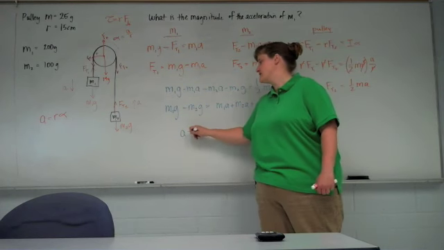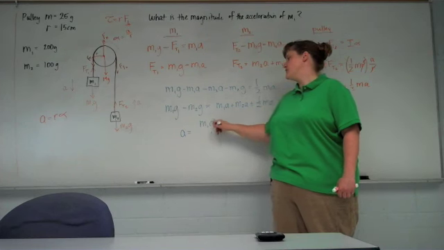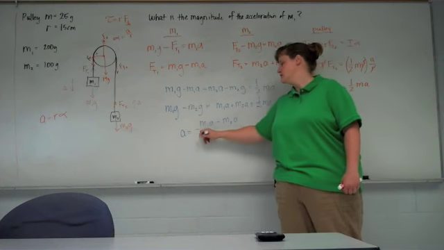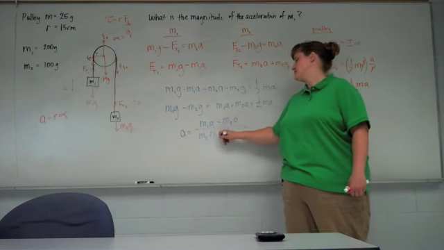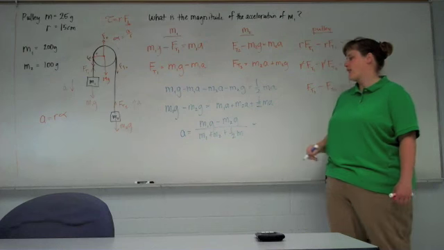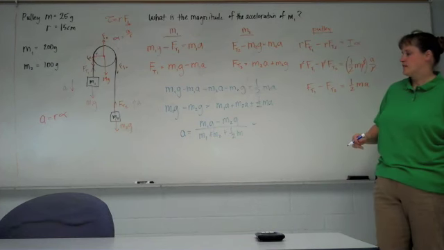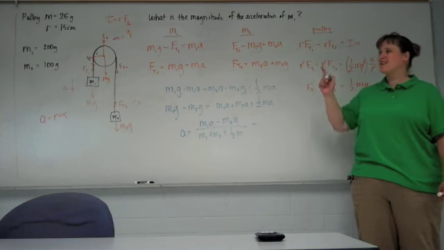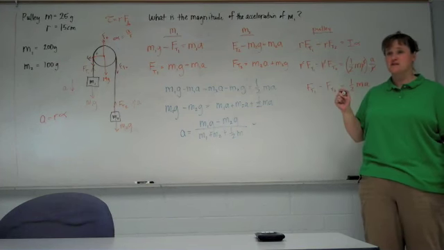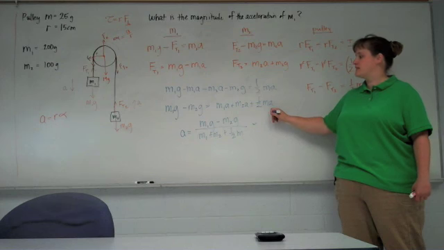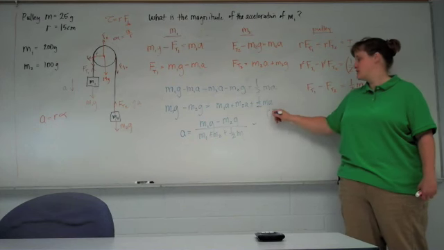So A is going to equal M1G minus M2G all over M1 plus M2 plus 1/2 the mass of the pulley. Since there's an M in every term, we can leave our masses in grams because the units will cancel. So M1 we can leave as 200 grams.